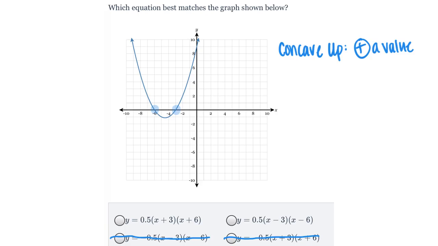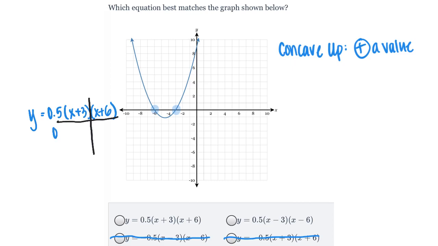Now if we remember, in order to find our intercepts, we would set each factor equal to 0 and solve. Starting with the one on the left, if we have 0.5 times x plus 3 times x plus 6, and that's all equal to y, we would draw our T, and we would solve.